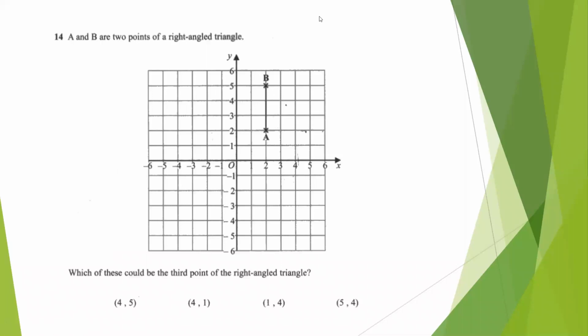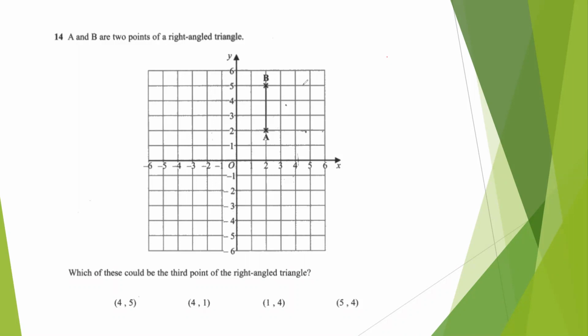Right. This is the 14th question. A and B are 2 points of a right-angled triangle. Which of these could be the third point of the right-angled triangle? Now we know when we get a right-angled triangle, there should be 90 degrees, right? Now we'll see 4, 5.